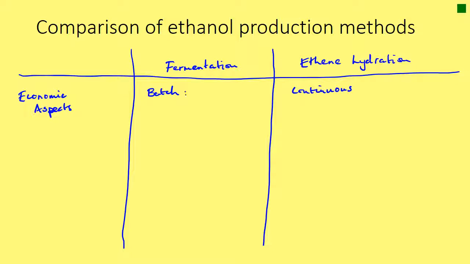So this is inefficient. Whereas continuous processes are more efficient, and you can recycle your reactants, so you're generally saving quite a lot of cost. All right, so let's put cost effective.